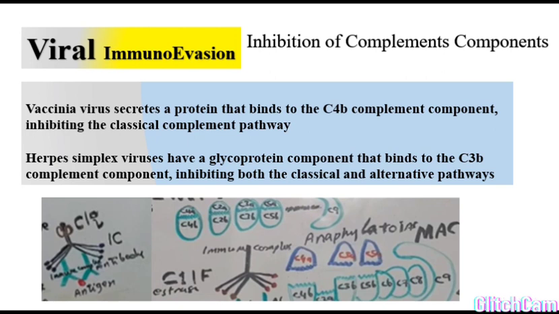for example, Vaccinia virus and Herpes simplex virus, they bind to C3b. This is here C3b, C3b and C4b, and this interferes with the complement pathway, interferes with formation of membrane attack complex, interferes with formation of anaphylatoxins, which are very important for lysis and important for the inflammation during infection.